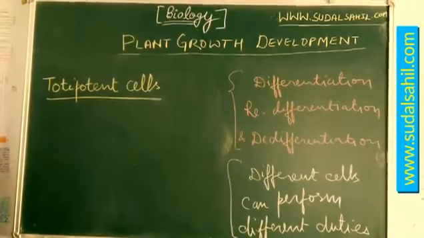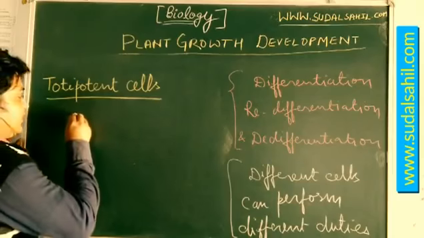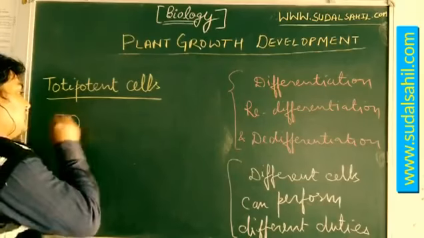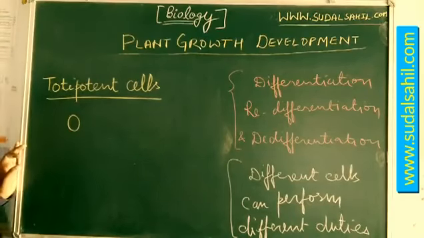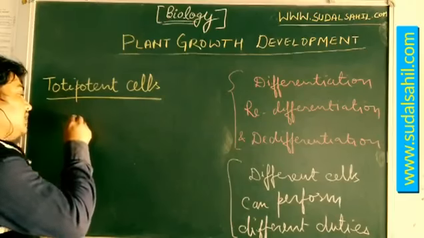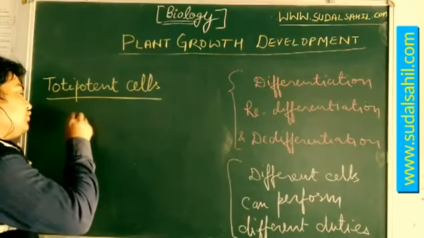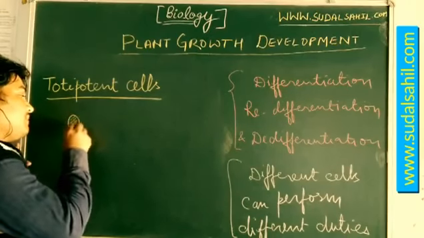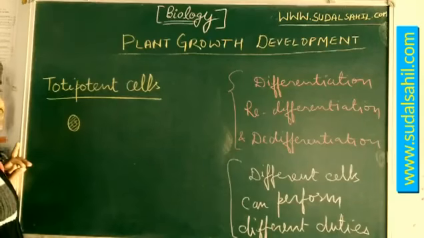So there are totipotent cells. What are totipotent cells? Assume this is a plant cell, and it is grown to make colored pigment.